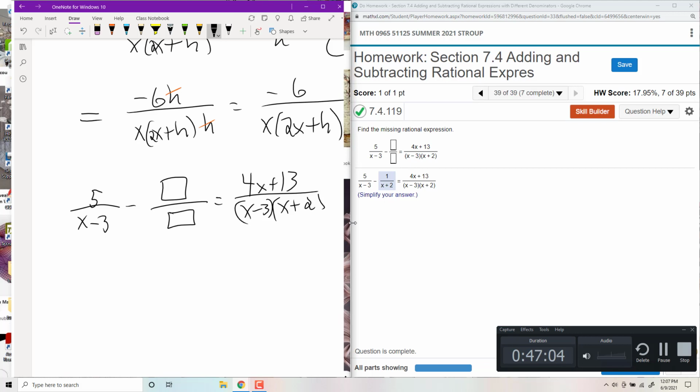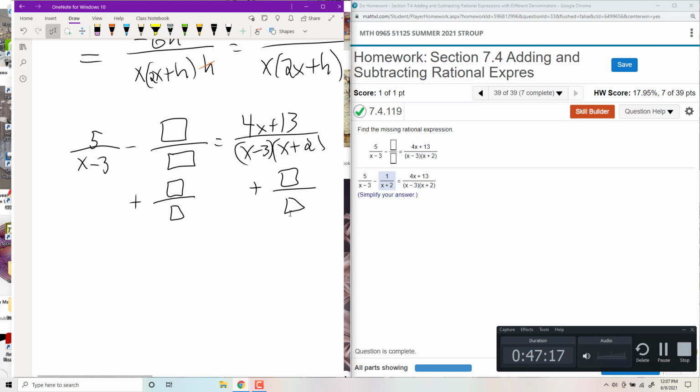Right, so what I'm going to do is move that box over box to the other side. I just add it to both sides. That way it doesn't have that negative in front of it. Kind of looks like I added in a box over a triangle.